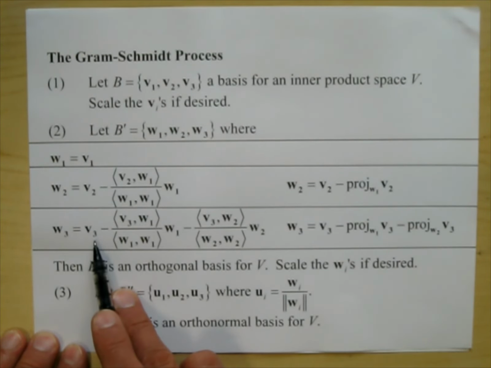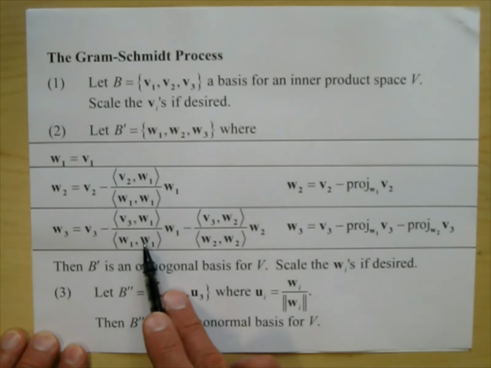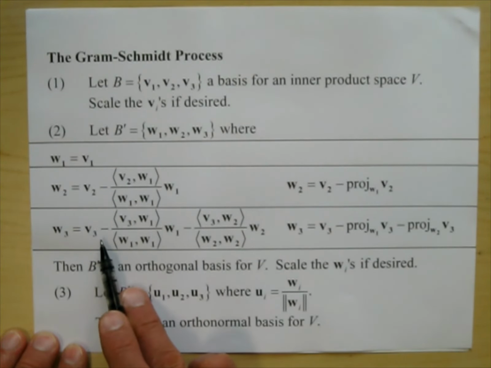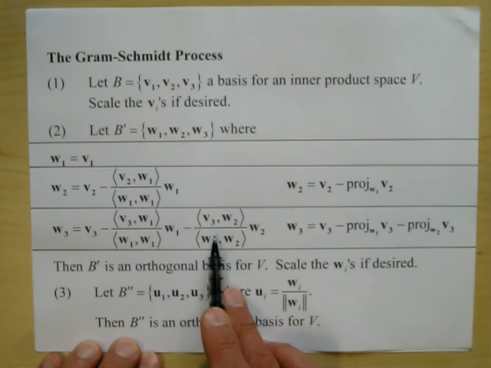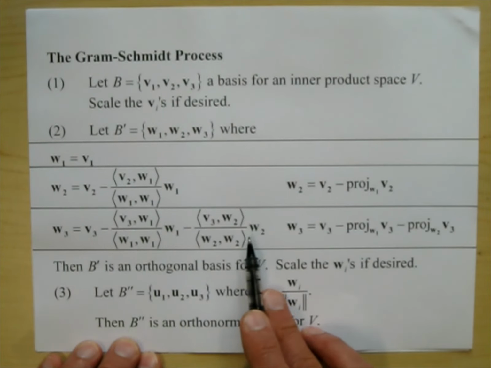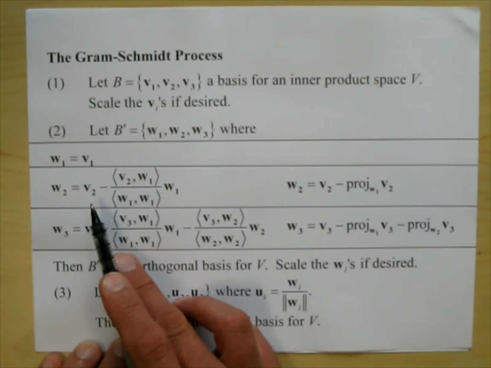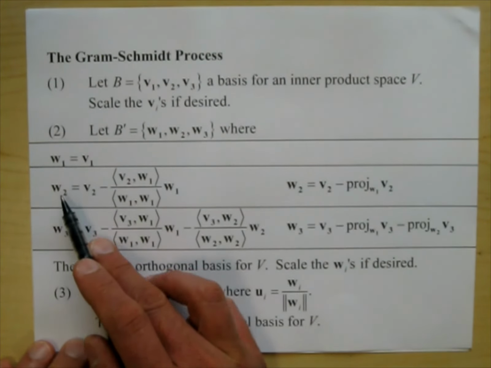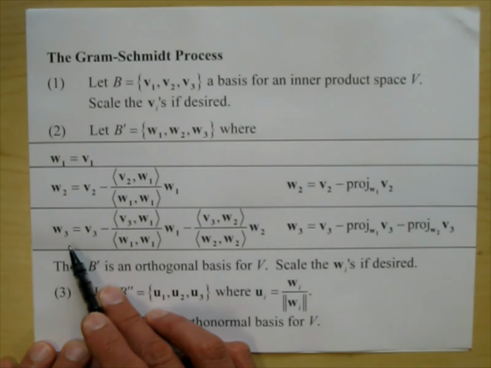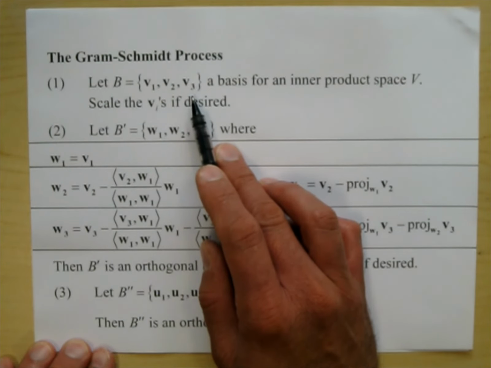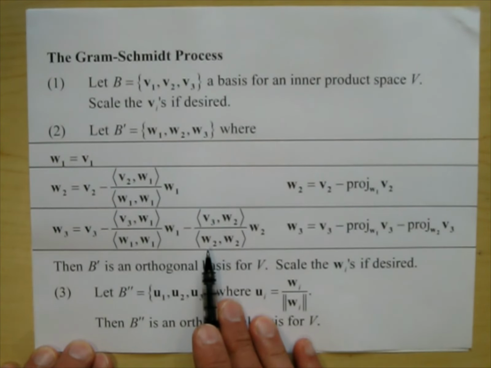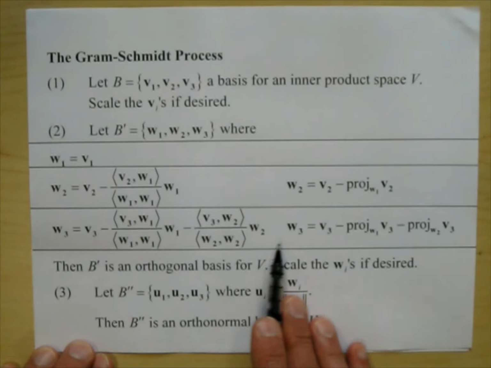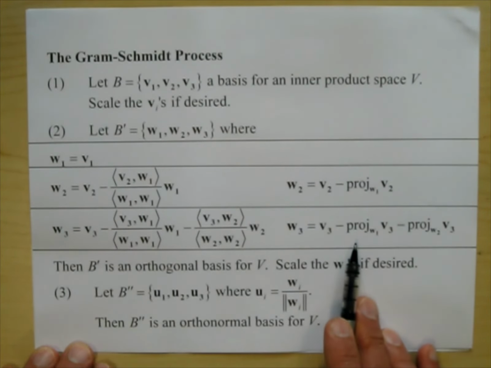And then W3 is V3 plus a scalar times V1 plus a scalar times W2, but remember W2 is just a linear combination of V1 and V2. So all these things, especially W2 and W3, are just linear combinations of these guys. But we twist this basis by doing this little song and dance into an orthogonal basis.